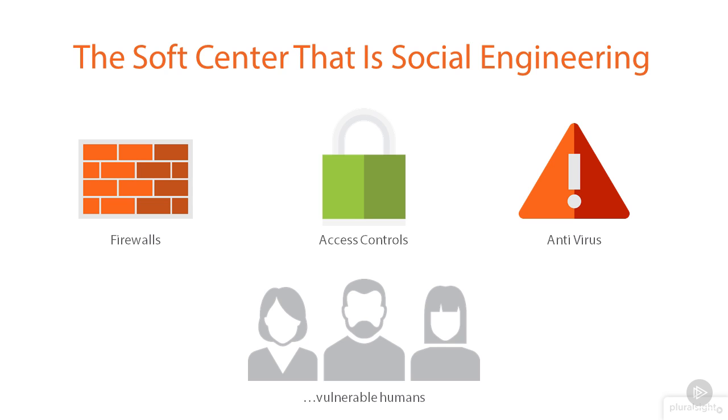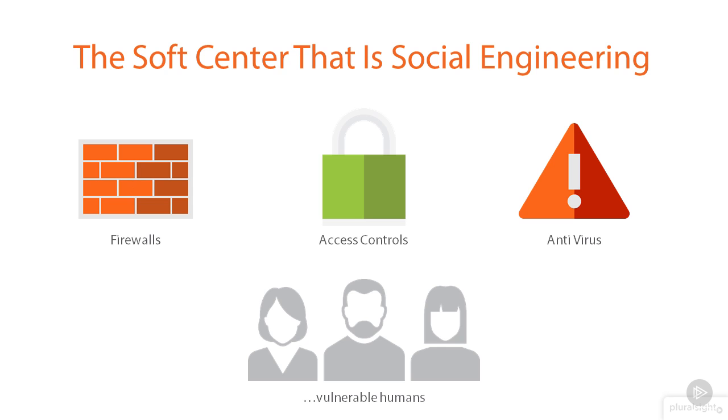But here's the thing about social engineering. Behind these controls, within the hard shell that they provide us, are the vulnerable humans, the people who sit within the firewall, who have access to the files which we would otherwise protect with access controls, and who have the ability to run software on those environments, potentially circumventing antivirus controls.